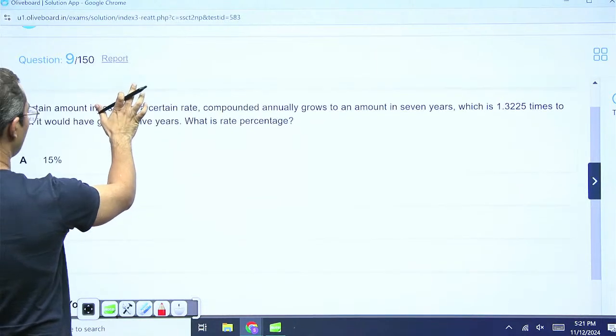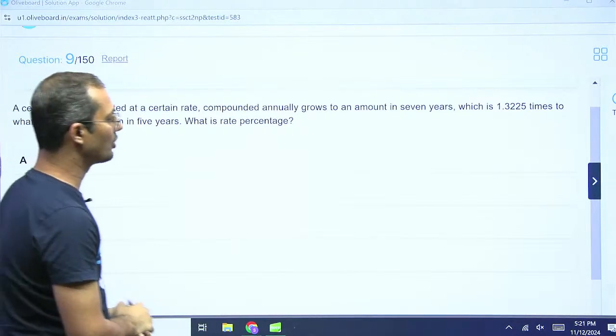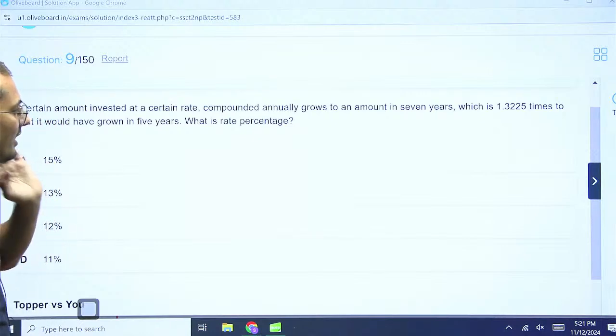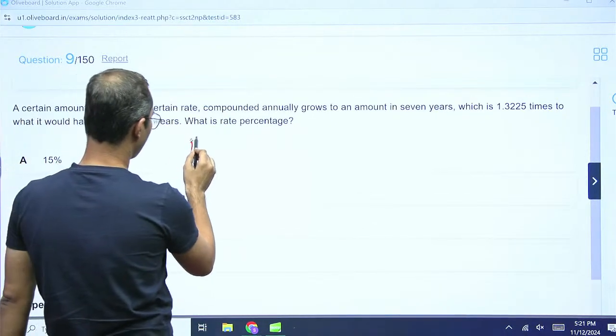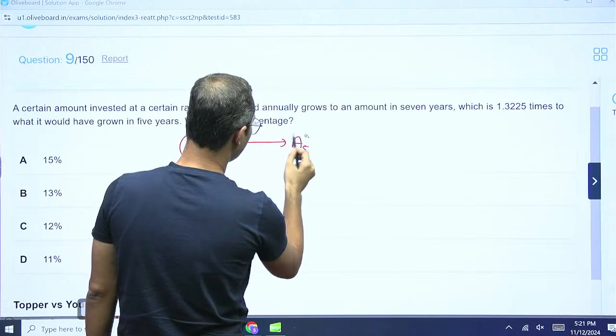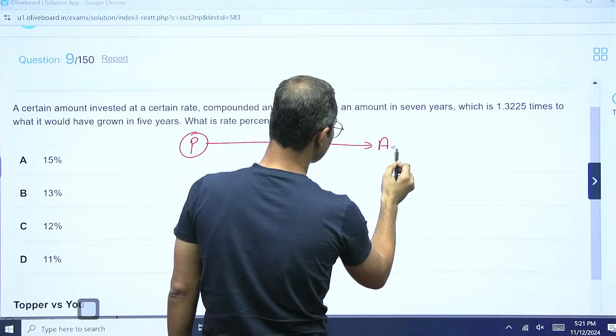Again, very interesting question. See, the question is saying a certain amount invested at a certain rate, compounded annually, grows to an amount in 7 years, which means any principal which is going to amount at 5 years, and the same is going to be at 7 years.